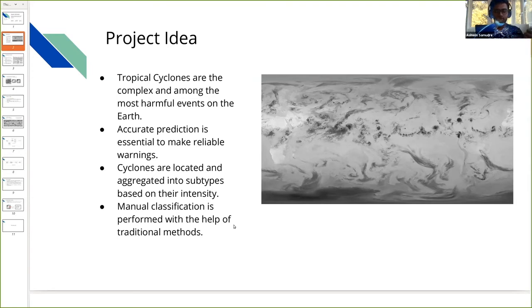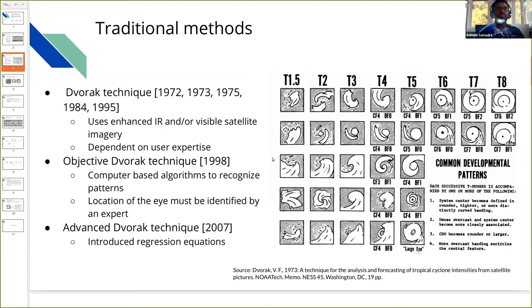There used to be a case where people had to manually detect the cyclones in these images, then see the intensity and classify them manually. So the traditional methods used to be this DORAC technique, which was mainly based on the enhanced IR methods and the visibility of the satellite images.